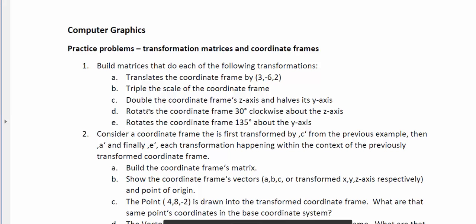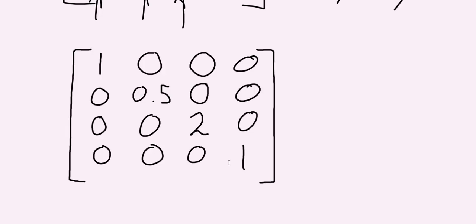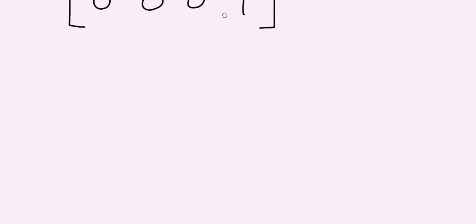Okay, so now we want to rotate the coordinate frame 30 degrees clockwise about the z-axis. So a rotation about the z-axis, let's just set that up here. First, we're going to take the angle.